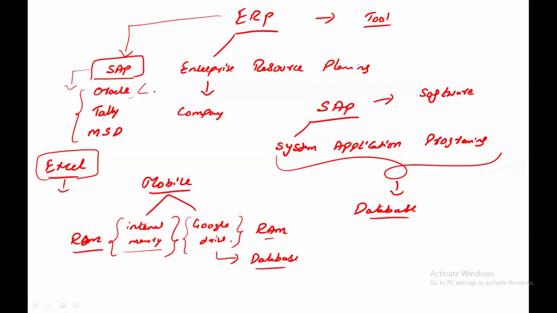Nowadays, what companies are doing, the companies are filling their timesheet also in the SAP. So that is the reason all companies started implementing SAP. There are Fortune 500 companies, for example, and the Big Four. All these companies are filling their timesheet in SAP. All these companies are using SAP.